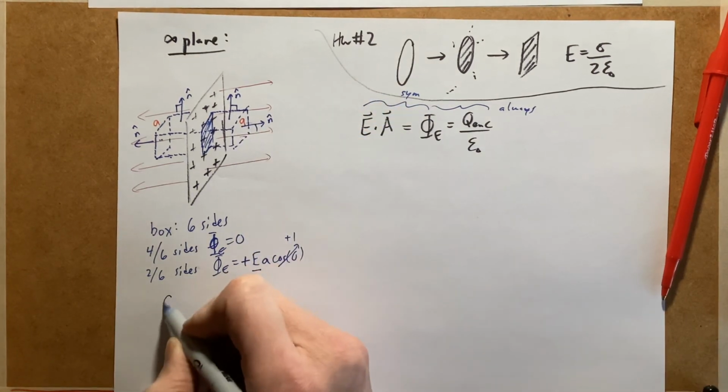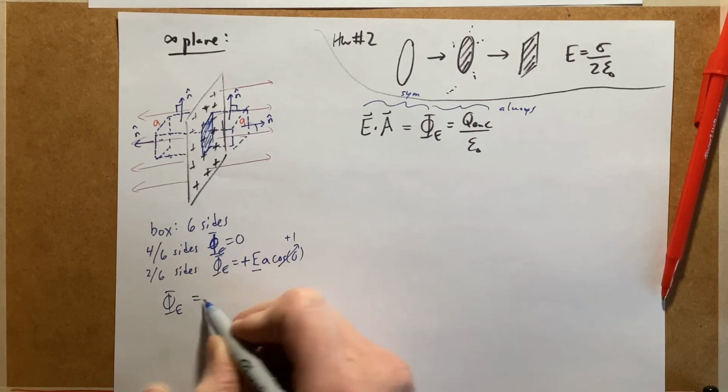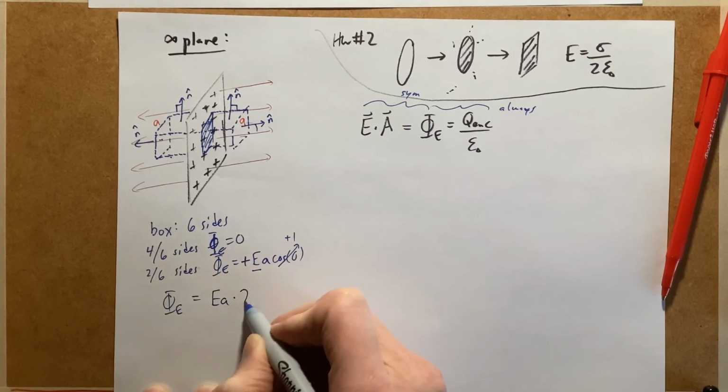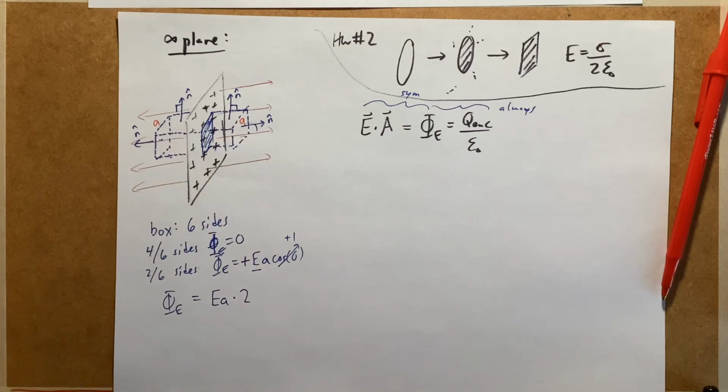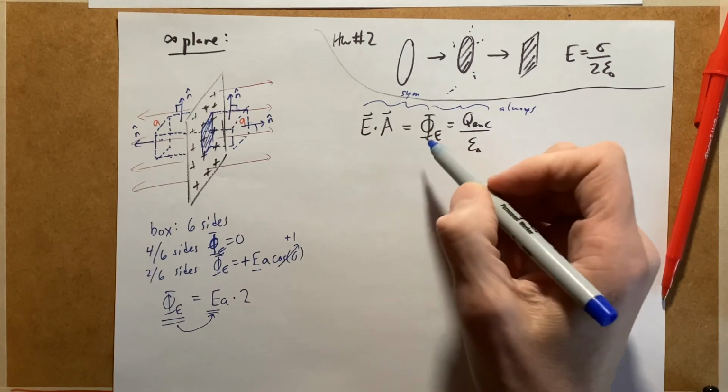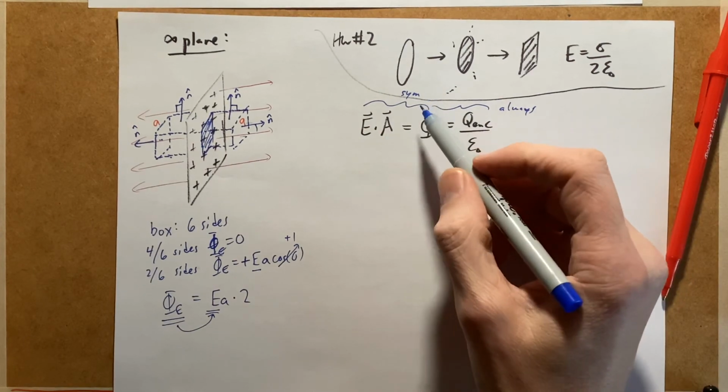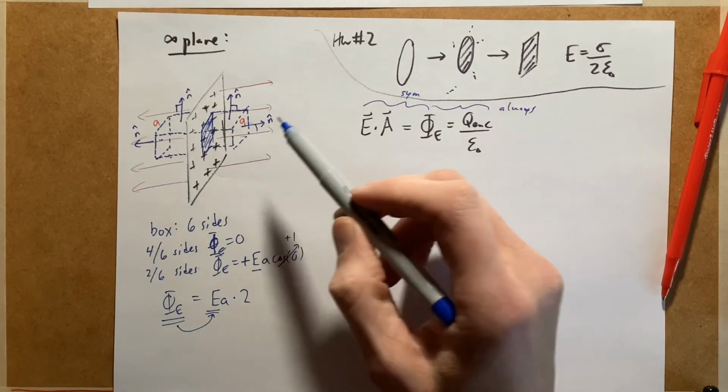And so my overall flux is going to be that times 2, because I have 2 end caps. So that's my flux. If you look at that, that's a simple relationship: the flux can be easily related to the field. That's this part. But I had to very carefully pick a Gaussian surface that would make that possible.